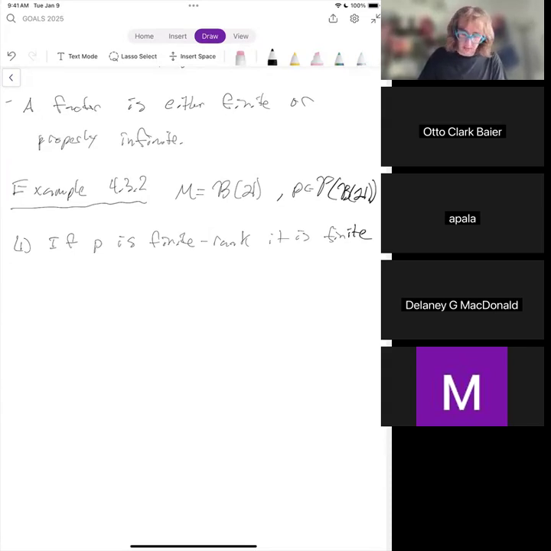Any finite rank projection is going to be finite. The idea here is that suppose you have a projection Q sitting under P. This means that the subspace QH is inside PH, and this implies that Q is finite rank.